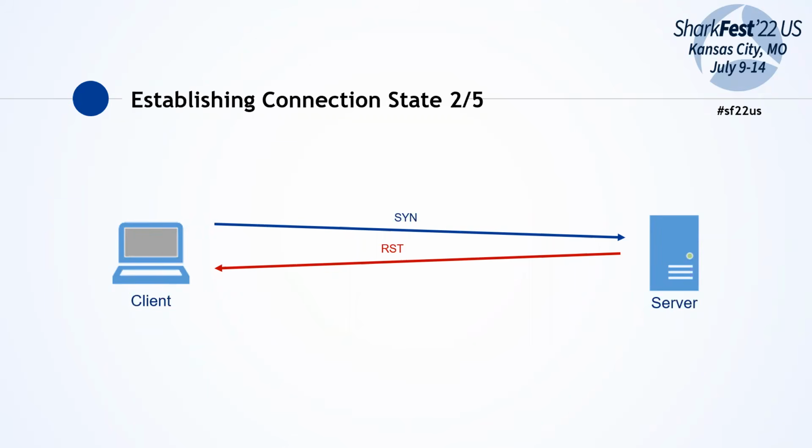It doesn't want to talk, right? Reset means, no, sorry, there's nothing here that could talk to you. So basically, it means there's no service running on that destination port. The operating system will tell you, sorry, there's nothing here. So if you're seeing a SYN reset, that means there's no service running on that port.